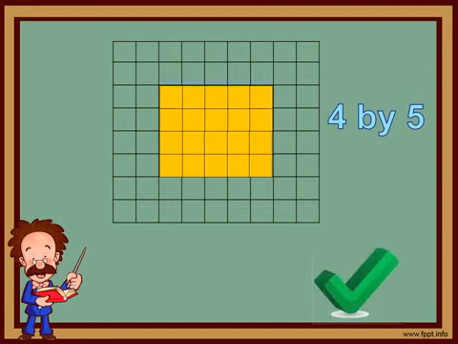Now do we have 4 by 5? Yes. 1, 2, 3, 4. 4 rows and 1, 2, 3, 4, 5 columns. So it's 4 rows.